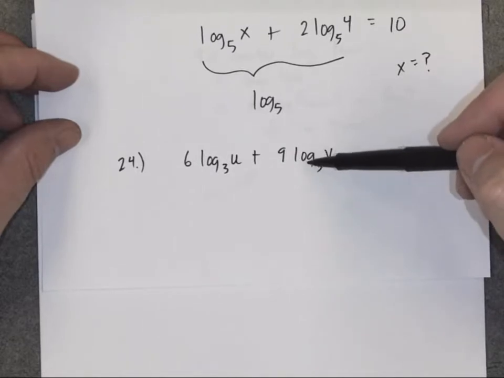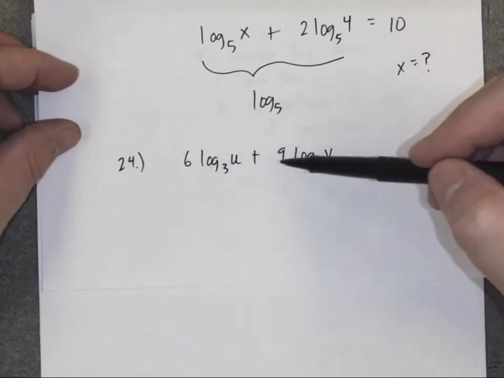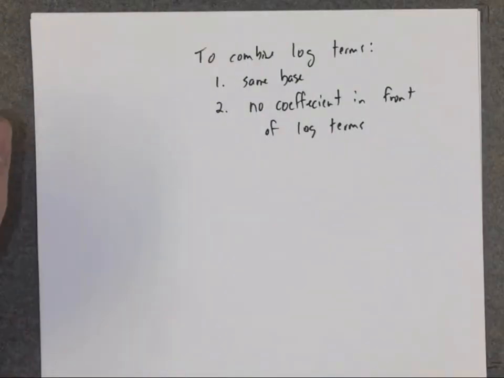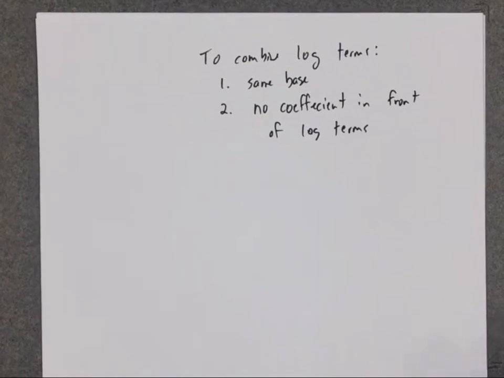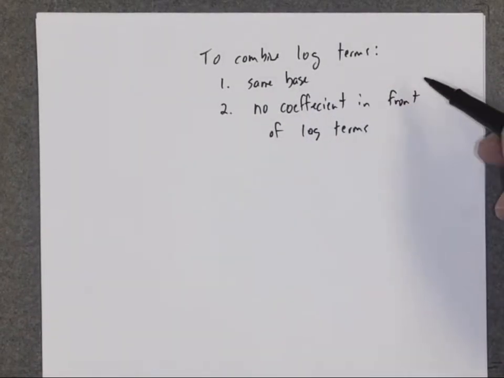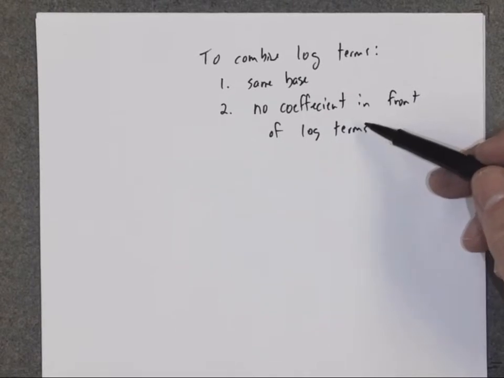As of right now, in the current state, I cannot combine these log terms. So let me give you the actual rules for combining log terms, and then we'll see what to do with these conditions, especially for number 2.